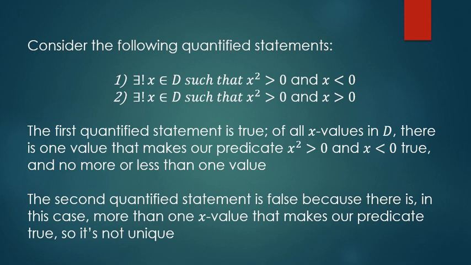So for number 2, there is more than one x value that makes our predicate true. So while there exists an x value in D such that this is true, there does not exist a unique x value. There's not only one guy. So that's why we have to be careful and really note that exclamation point that follows our existential quantifier.